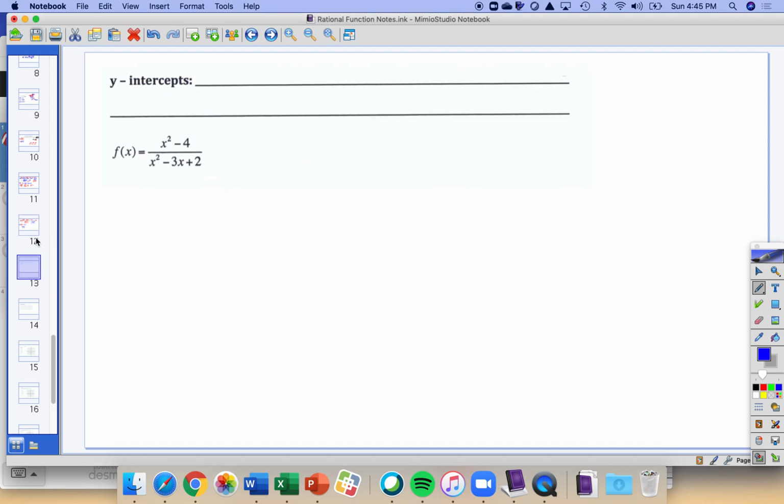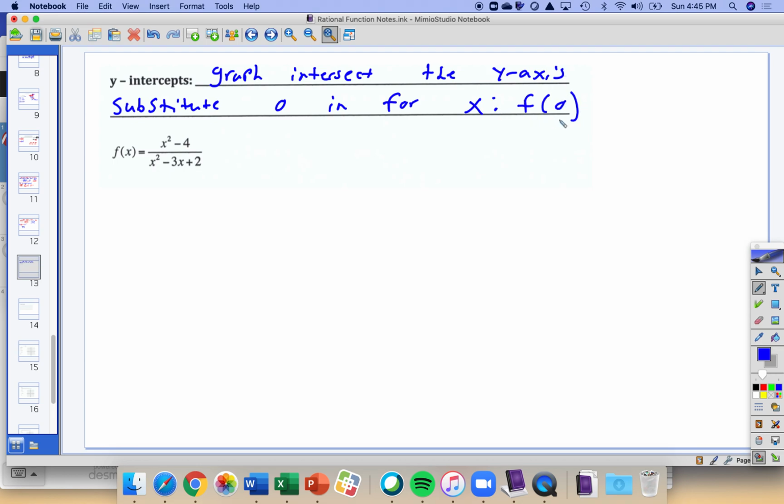The next characteristic is a y-intercept. And this is where the graph intersects the y-axis. And again, because this is a point, and it is a point where the x value is 0, we can find this by substituting 0 in for x, which means that we are just finding f of 0.